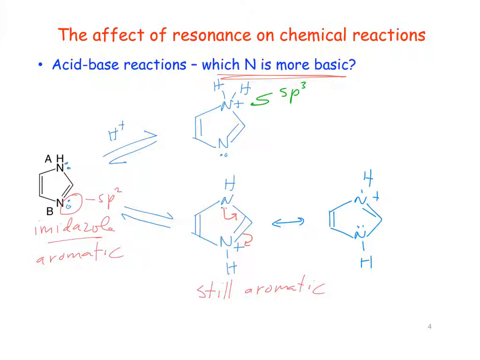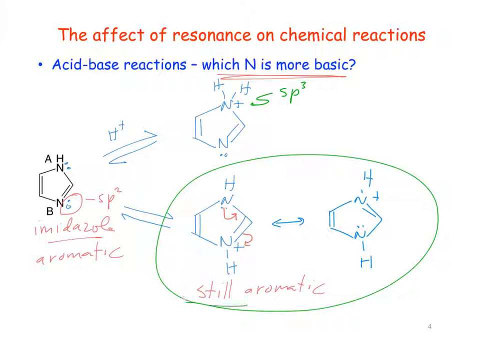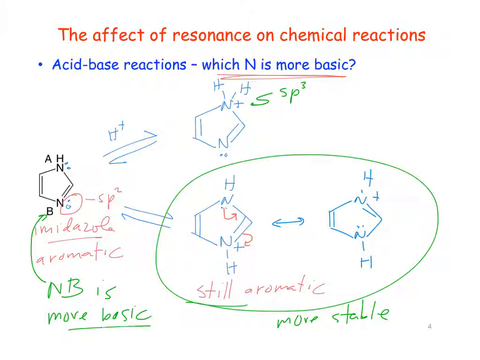So this is much more stable, which means it forms more readily, and so nitrogen B, this one here, is more basic. That's the one that tends to react more often with a proton.